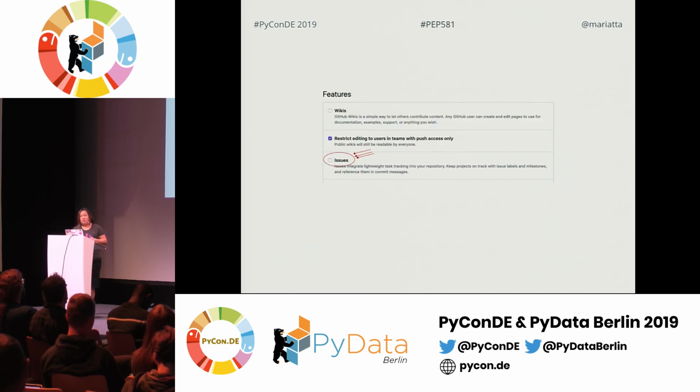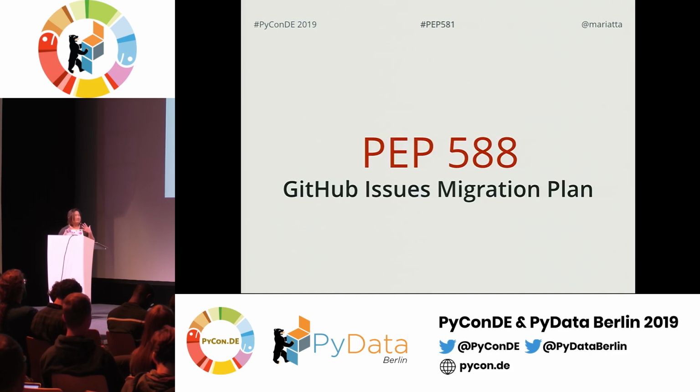So what's the holdup? Like, if we want to use GitHub Issues, what are we waiting for? Isn't it just a matter of ticking this box? It doesn't show well here, but there is a box in GitHub that says enable issues. It's not that simple. Migrating an issue tracker is such a big project that we need to write yet another PEP. So that's PEP 588.